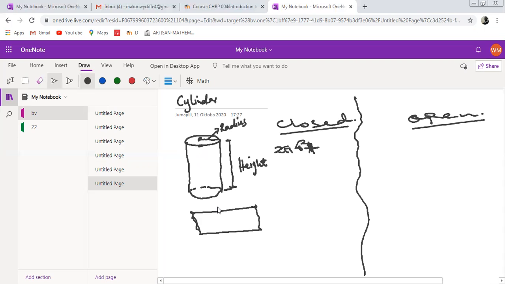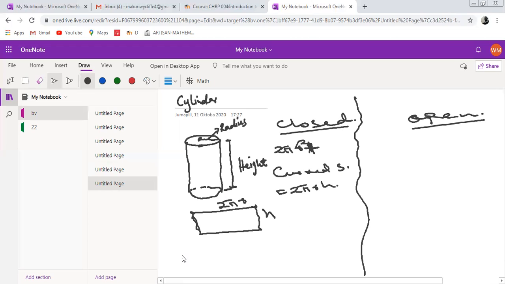How do we get the circumference of a circle? We know it is pi d, or 2 pi r. The other side is the height h. The distance from here to here, if we open it, is the same as h. So the curved surface is given by 2 pi r h.